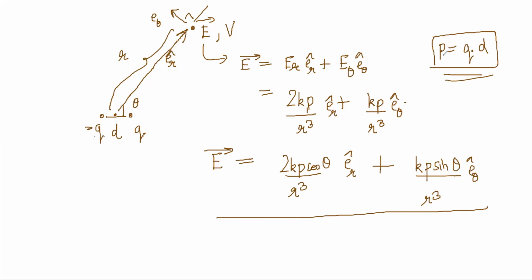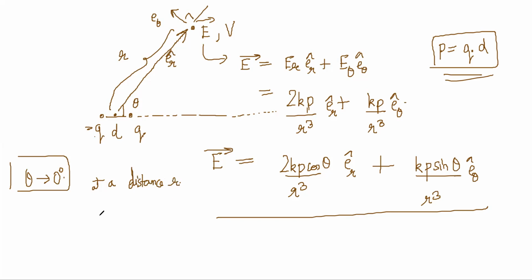So suppose you had a point on the axis, so theta tends to 0, a point on the axis at a distance r. What would your field be? This term will disappear because sine theta is 0, so the field would be 2kp by r cube in the e_r direction.